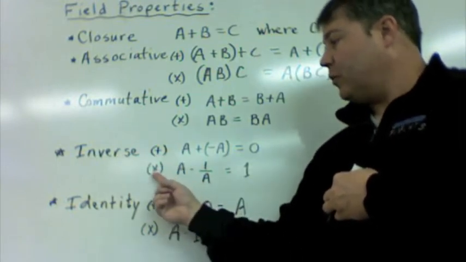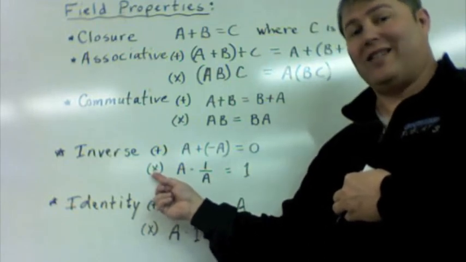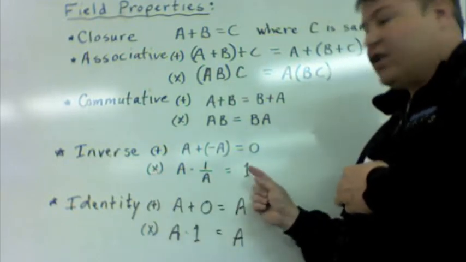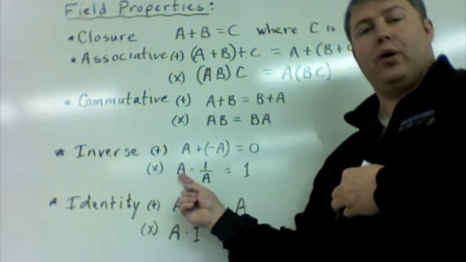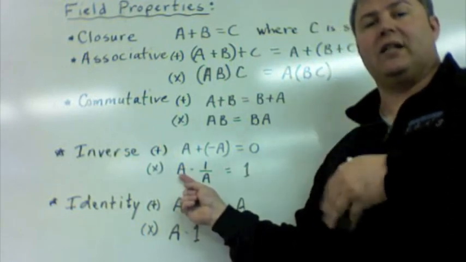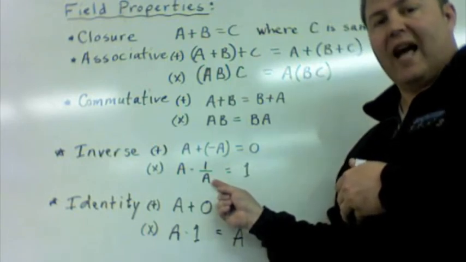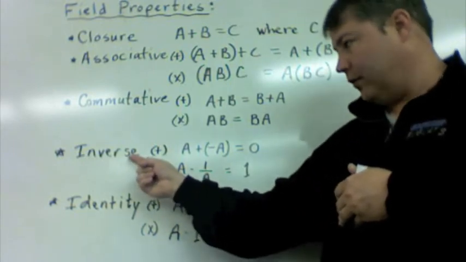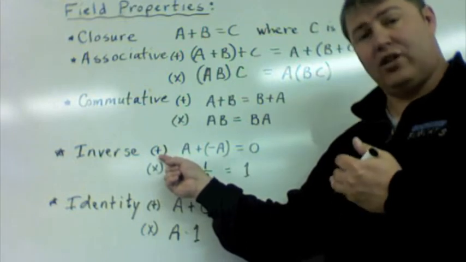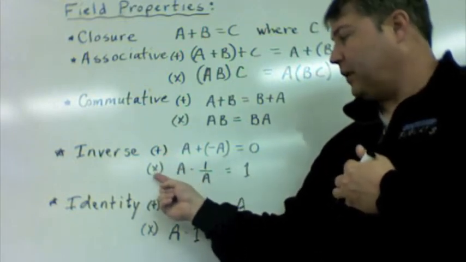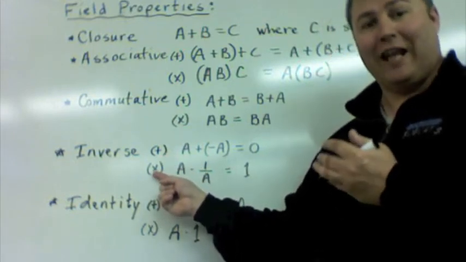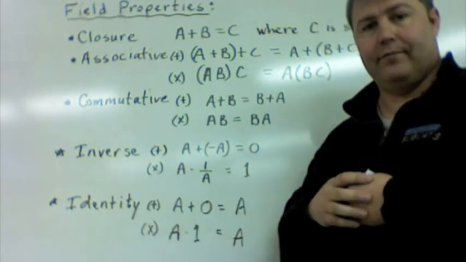The same is true of multiplication, only the inverse value is not 0, it's 1. So when I take any number, what do I have to multiply it by to get 1? Well, 1 over that number. That is a multiplication inverse. So there's an additive or addition inverse, and there's a multiplicative or a multiplication inverse.